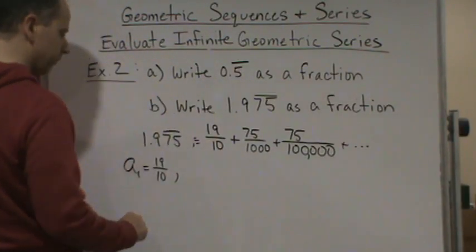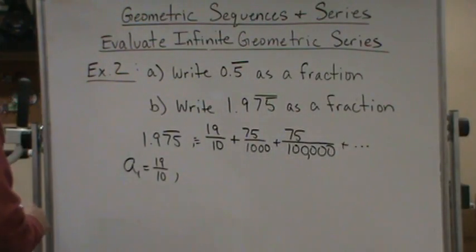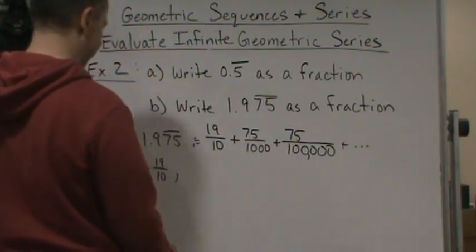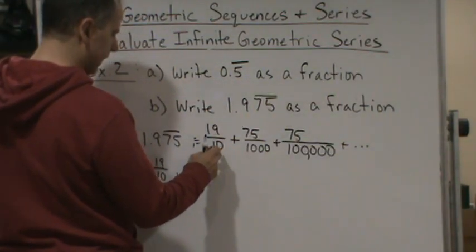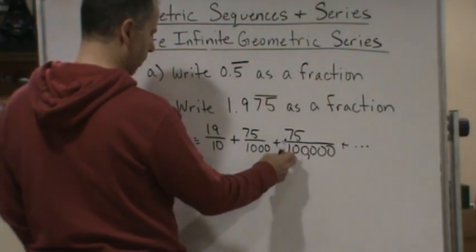Our ratio, okay, so now, in this case here, how is our ratio changing? Well, we've got this, but then here it starts to go up by what?